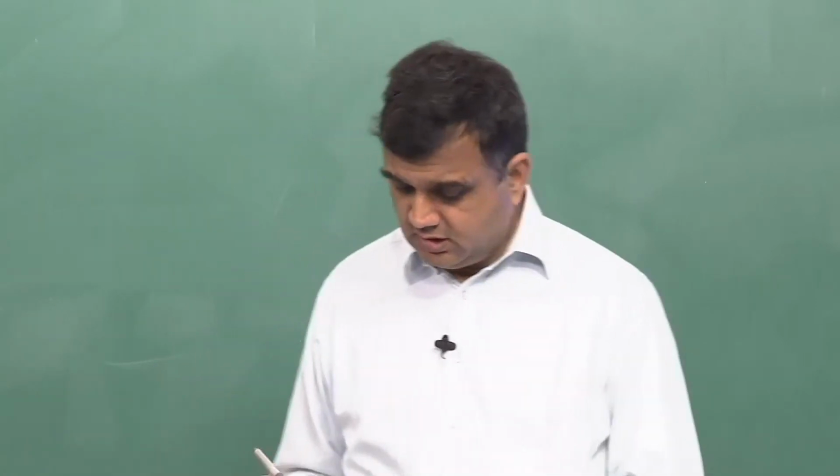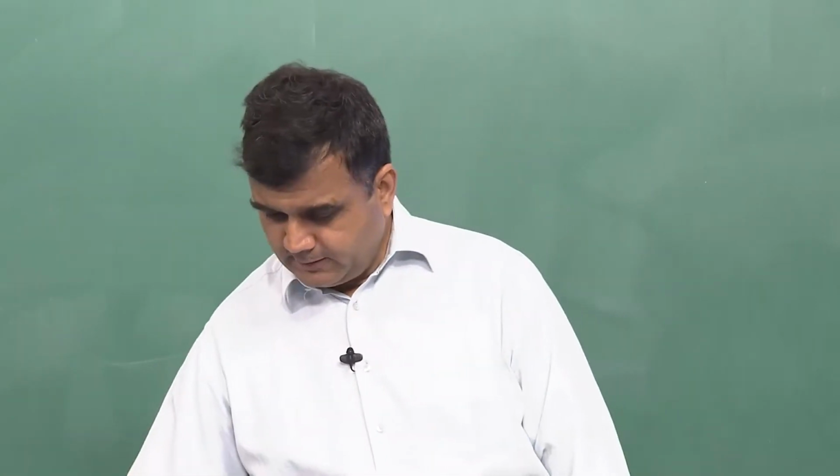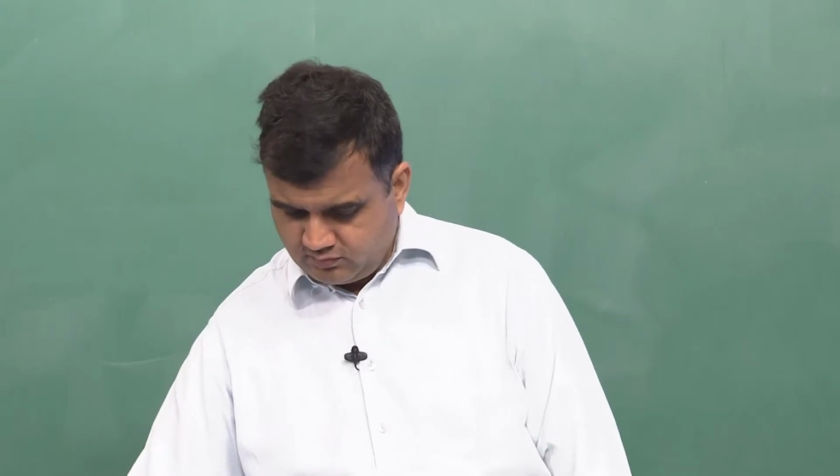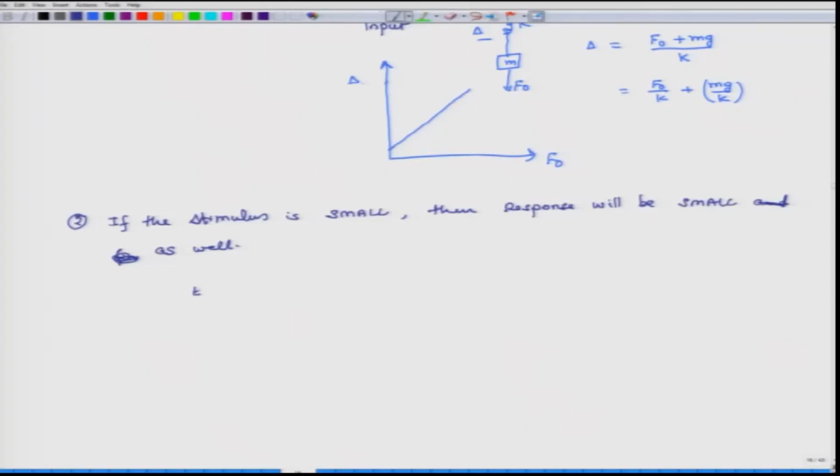For instance, an example: if I disturb this ball by a small amount, if I apply a very little force on this ball, what will happen? The ball will shift by a small amount, right. It will be a linear system.